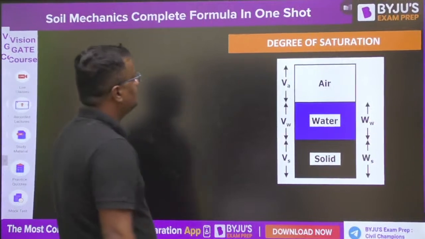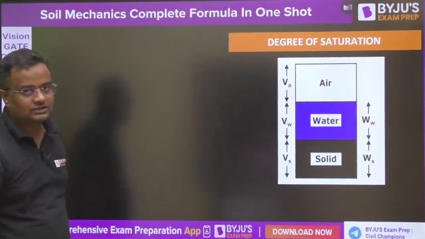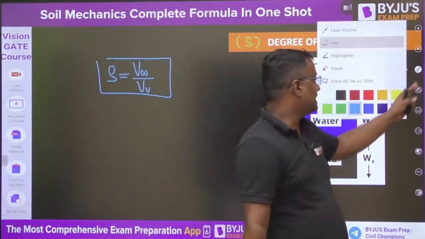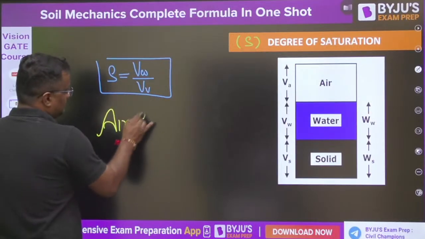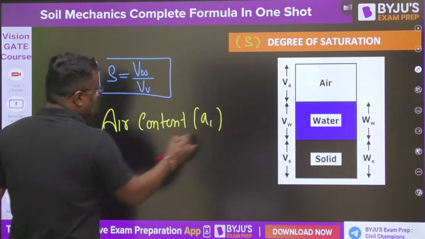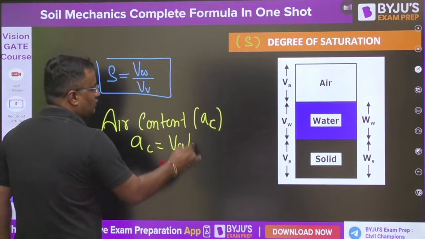This is the degree of saturation, volume of water by volume of voids. Now one more thing is air content. Air content is represented by AC, and AC is volume of air with respect to volume of voids.